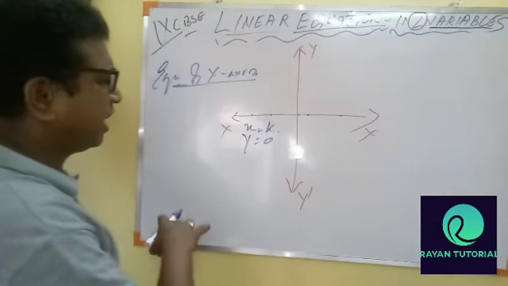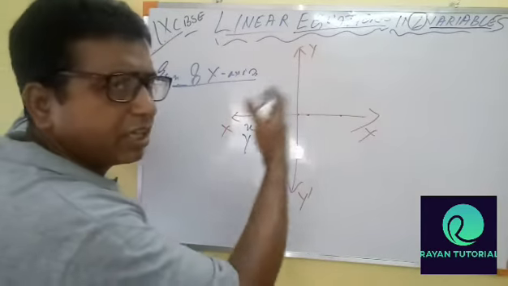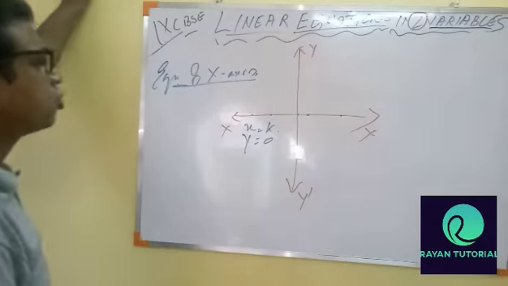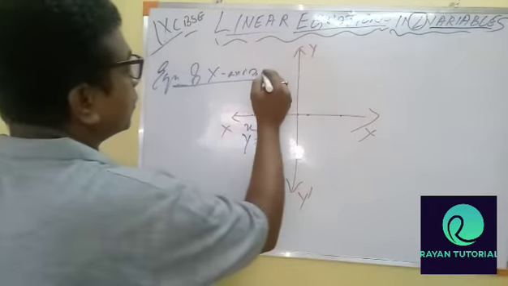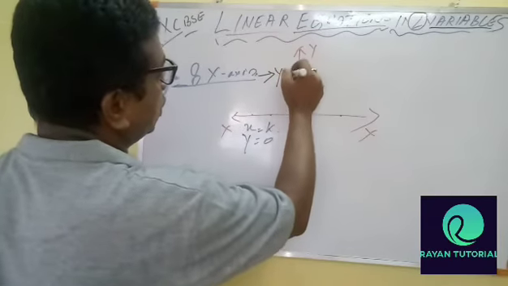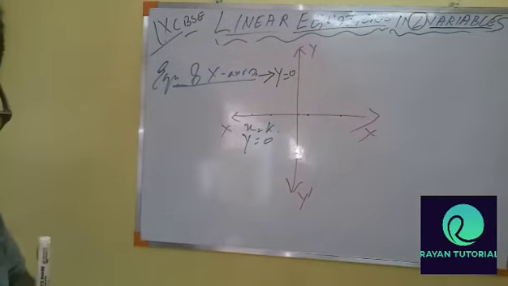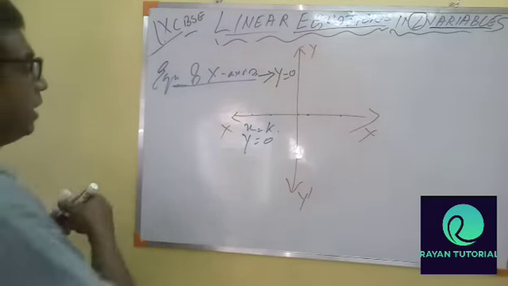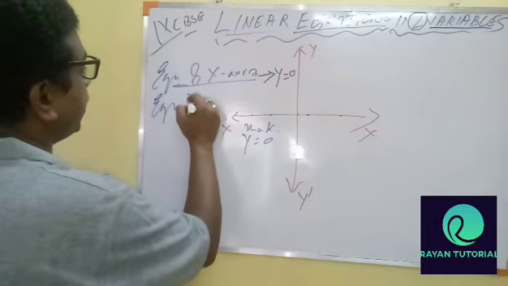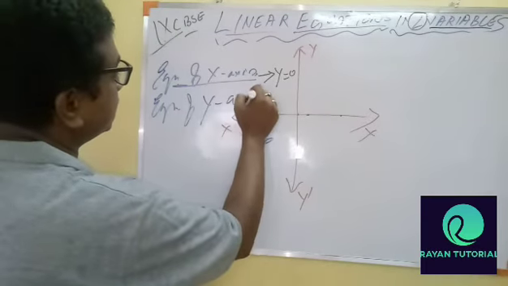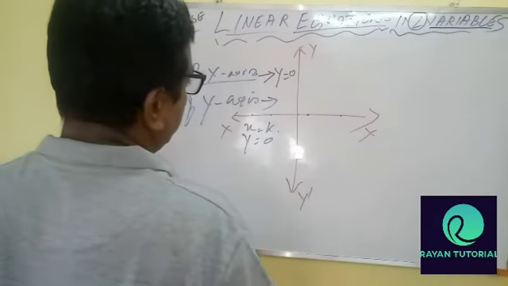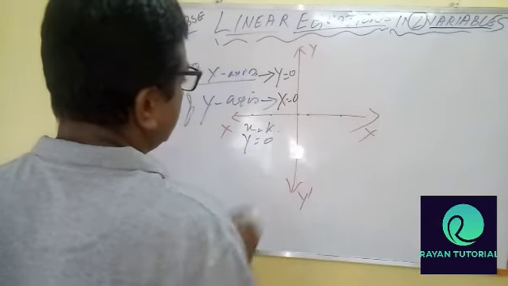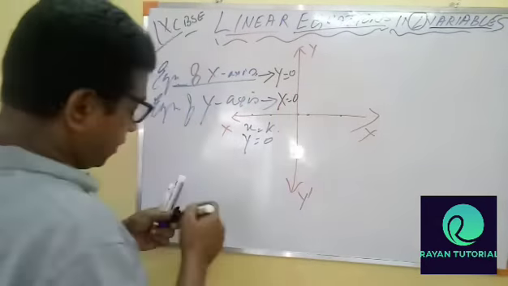It may be 2, it may be -2, it may be 4, it may also be 0. So the equation of our x-axis is always y equals 0. Clear? And similarly, the equation of the y-axis will always be x equals 0. Clear? Remember these 2 points, very important.